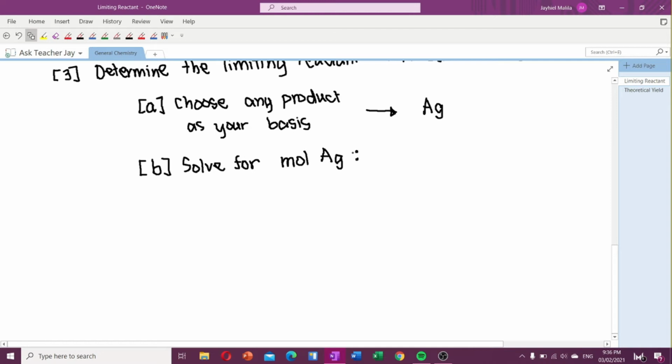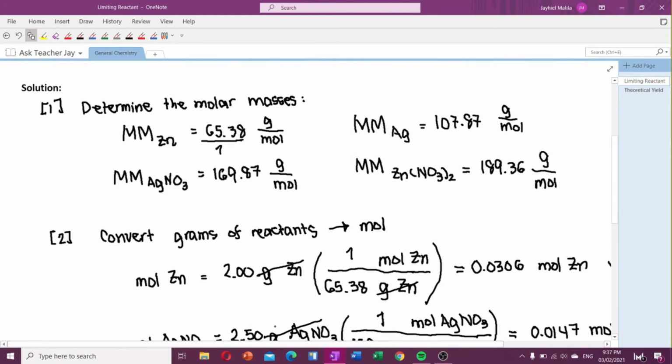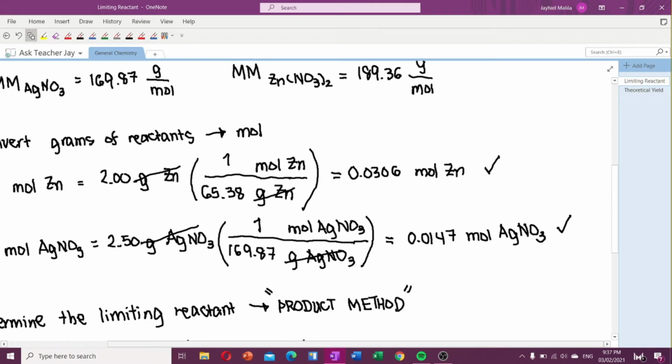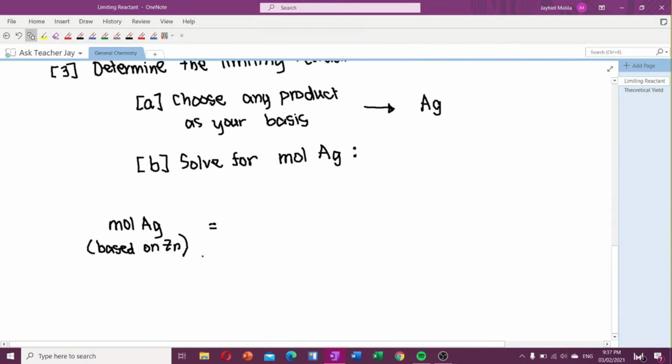As to how to do this, let's start first by getting the moles of Ag based on the amount of zinc, or the moles of zinc that we have. Remember that the calculated moles of zinc that we have is 0.0306 moles of zinc. So that will be our starting point.